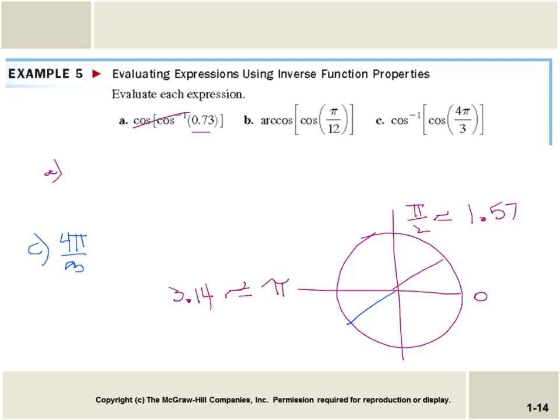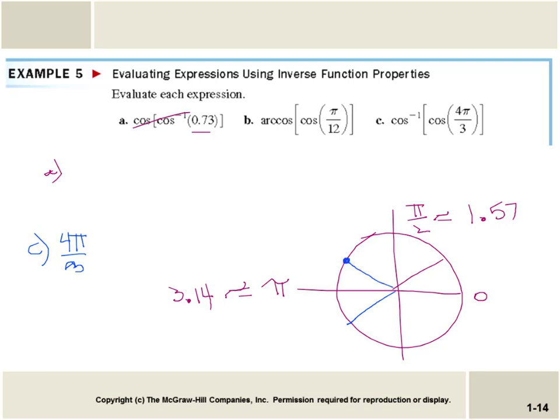Is cosine positive or negative in quadrant 3? Okay. Is the inverse defined in quadrant 3? No. So where are we going to put it? First we have to put it into the other quadrant where cosine is negative, right? Which is where? Yeah, quadrant 2.